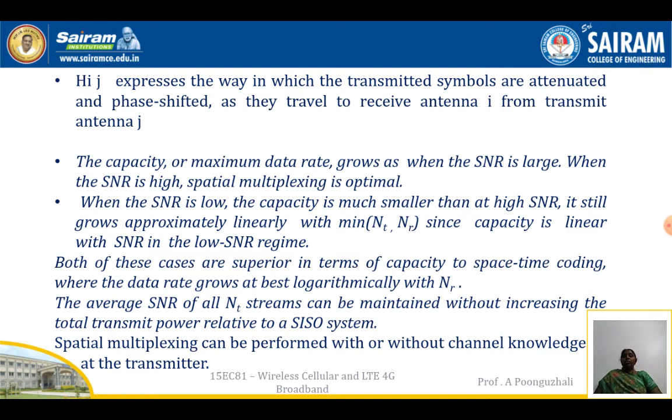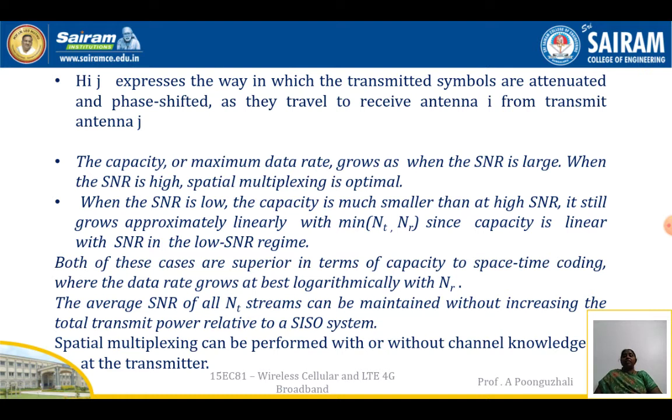Now we want to see how the capacity, or the maximum data rate, grows when the SNR is large. When the SNR is high, spatial multiplexing is optimal. When the SNR is low, the capacity is much smaller than at higher SNR, but it grows approximately linearly with the minimum of NT, NR.